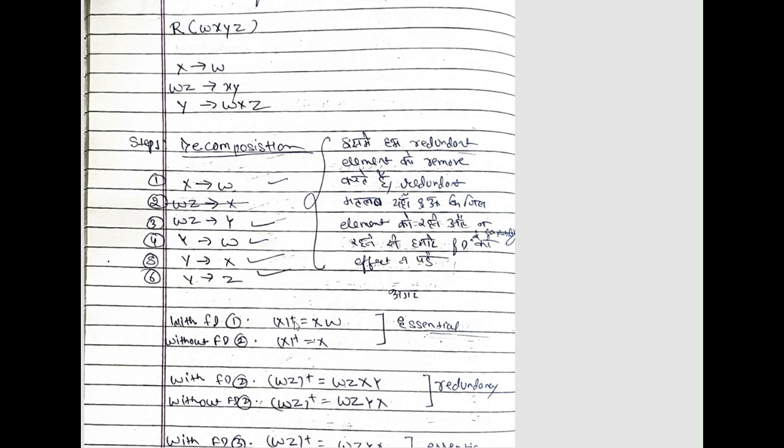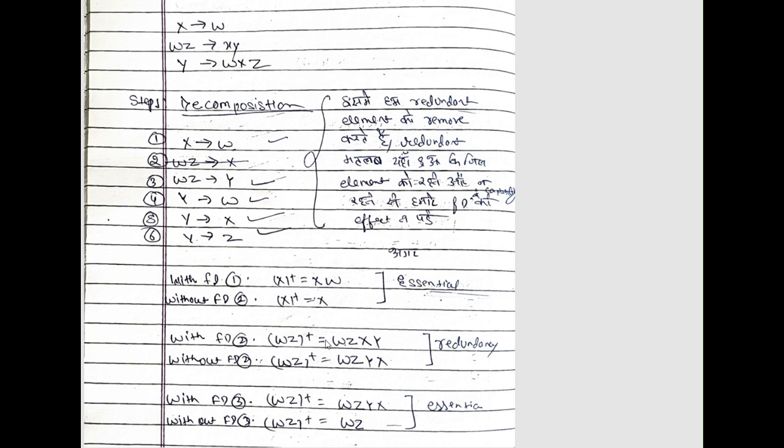With functional dependency 1, we get closure XW. Without functional dependency 1 we get only X. So the presence and absence of this dependency affects our result. That's why we can say that it is an essential attribute, so we don't need to remove it.